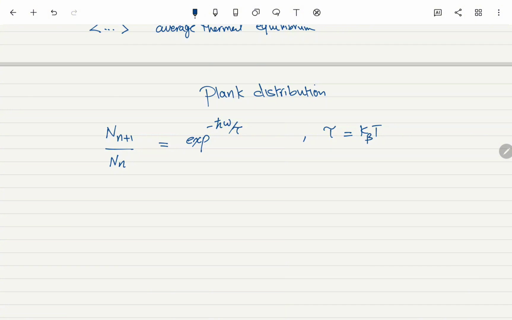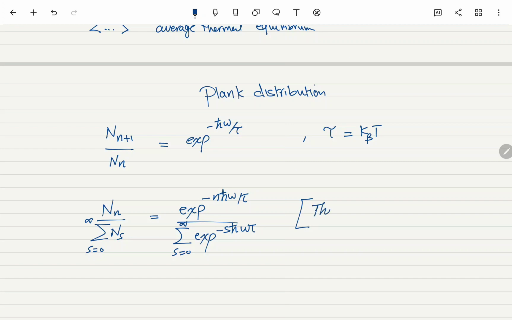From this definition, the fraction of the total number of oscillators in the nth quantum state is N_n over the total N, equal to exponential minus n h bar omega over tau divided by the summation over all s from 0 to infinity of exponential minus s h bar omega over tau, which is the total number of oscillators.